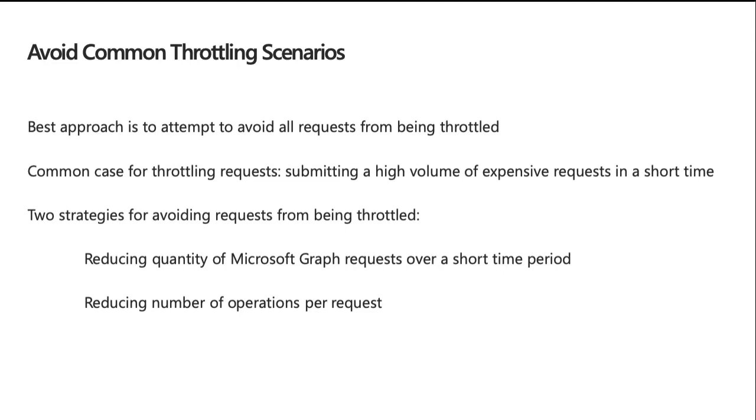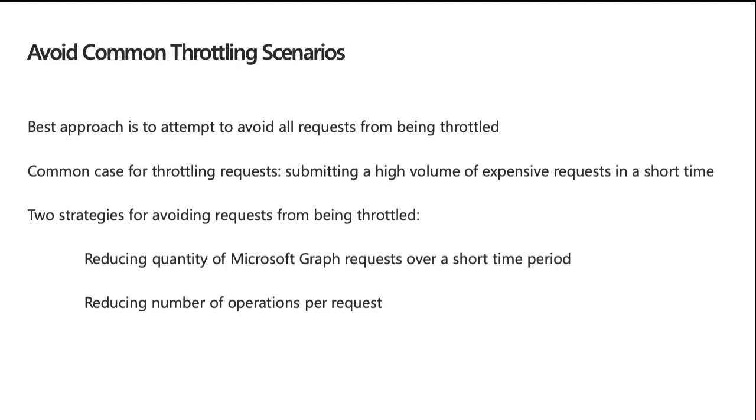The reason is that not all requests are equal. A write operation is generally more expensive than a read operation, but a complex read operation that includes a lot of child collections using the $expand query parameter, or a complex $filter query parameter, may be much more expensive than a write operation. There are two strategies you can implement in your applications to avoid requests from being throttled. First, limit the number of requests to Microsoft Graph over a short time period.